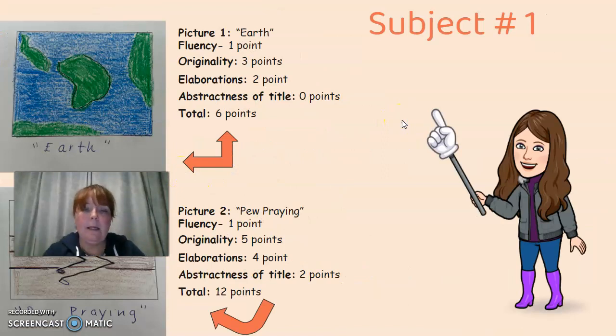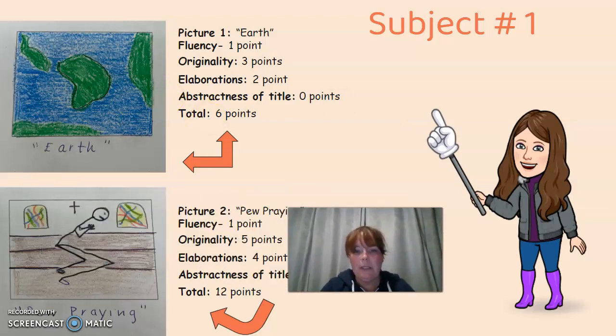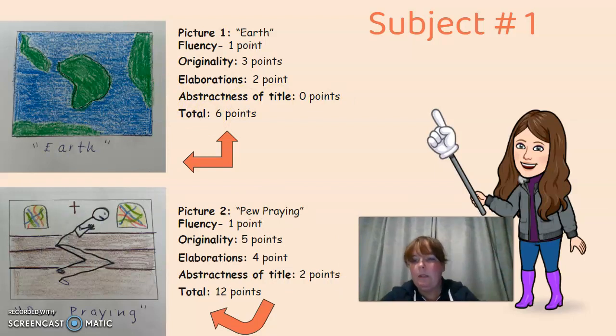So I gave this to 2 people that I work with, and I separated them. And this was subject number 1's pictures here. So subject number 1, in the first picture, as you see on the screen, it was definitely creative to be able to look at those lines and decide to draw the earth. But I thought that it was a little simple and a little safe.